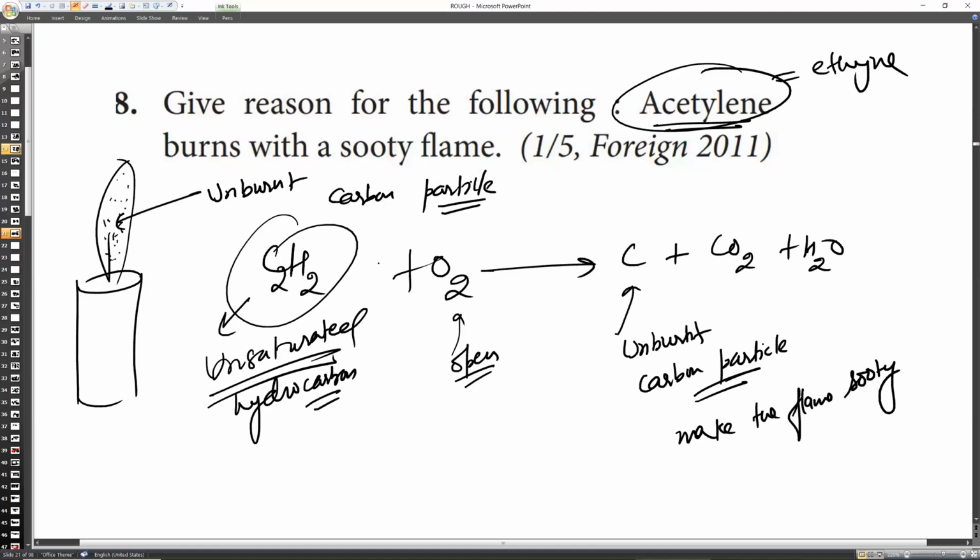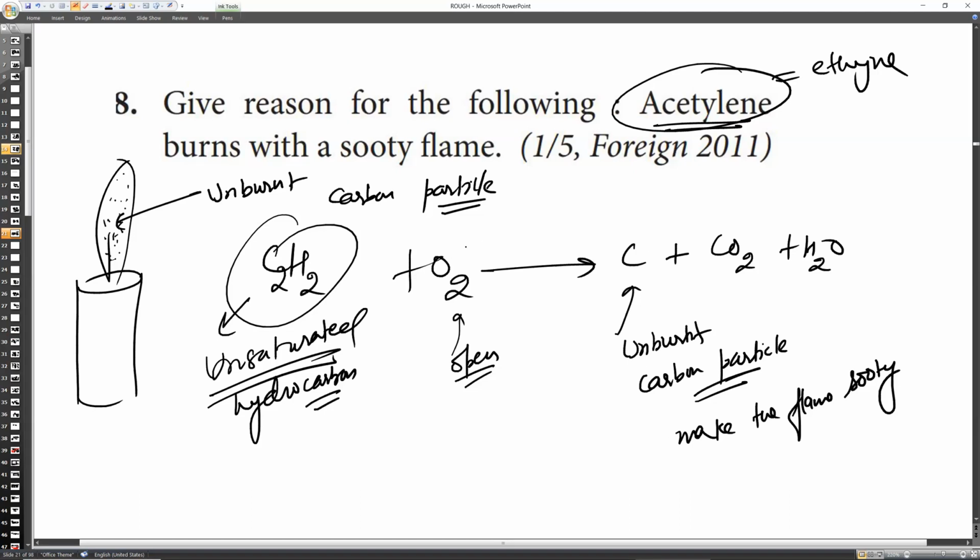If it is burning in open air and providing you a sooty flame, and you have something that can absorb these unburned carbon particles, then the flame will appear blue to you. These particles that are not burning make this flame sooty. And why is it not burning? Because this is an unsaturated hydrocarbon.